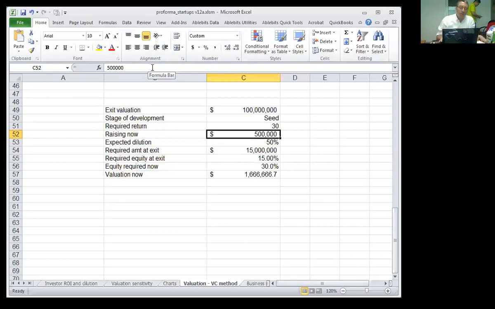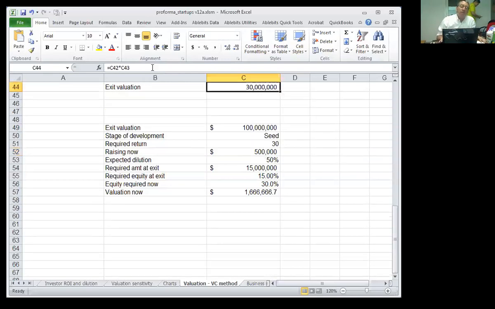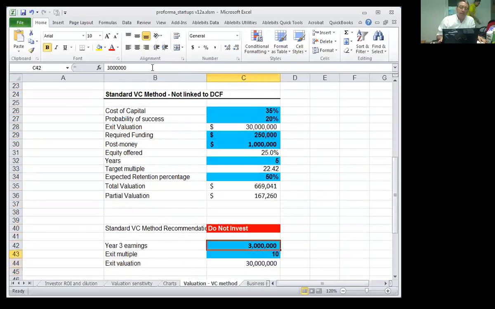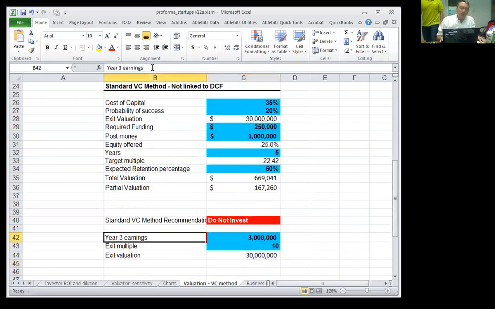And the model also already has the VC method built in. If we look here, this is just a more sophisticated version of the VC method, with exit valuation based on earnings. This should say year 5, not year 3.